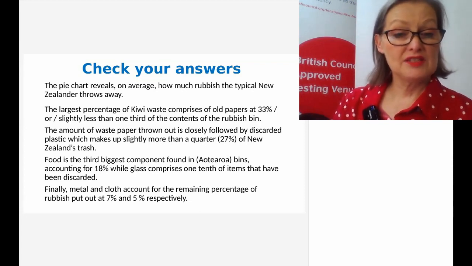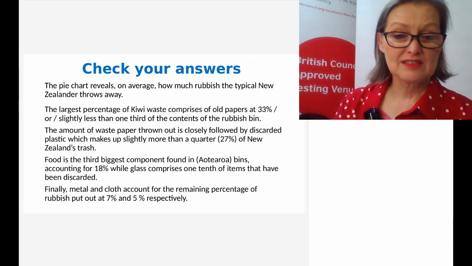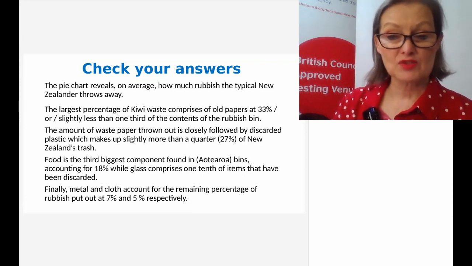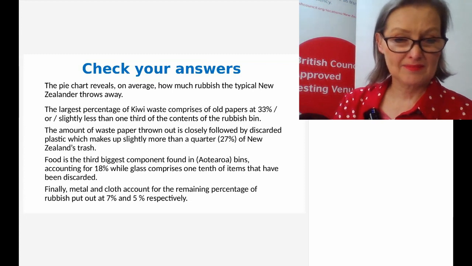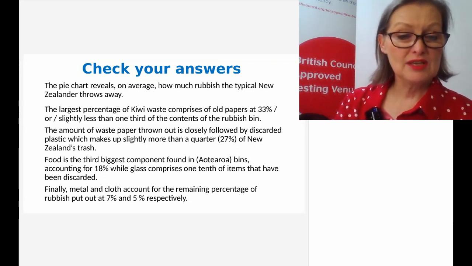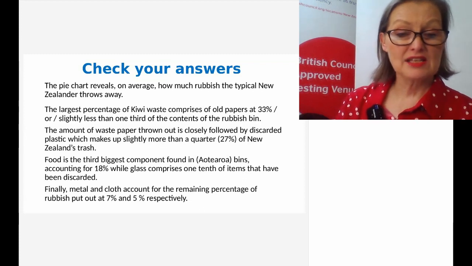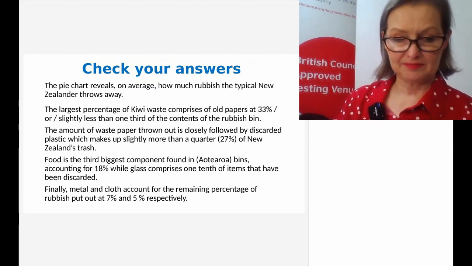Food is the third biggest component found in the Aotearoa bins, accounting for 18%, while glass comprises 1/10 of items that have been discarded. And finally, metal and cloth account for the remaining percentage of rubbish put out at 7% and 5% respectively.